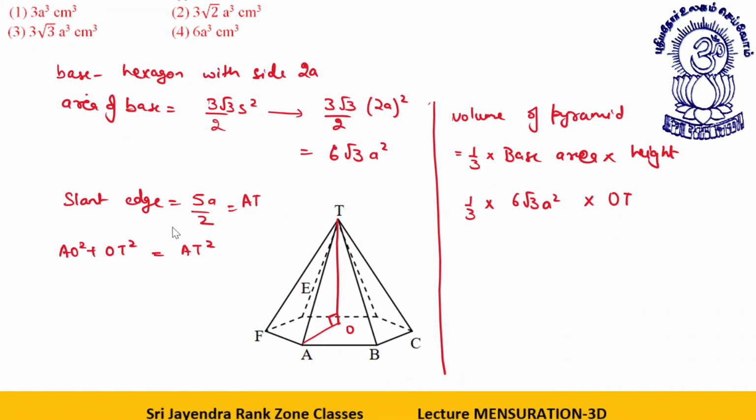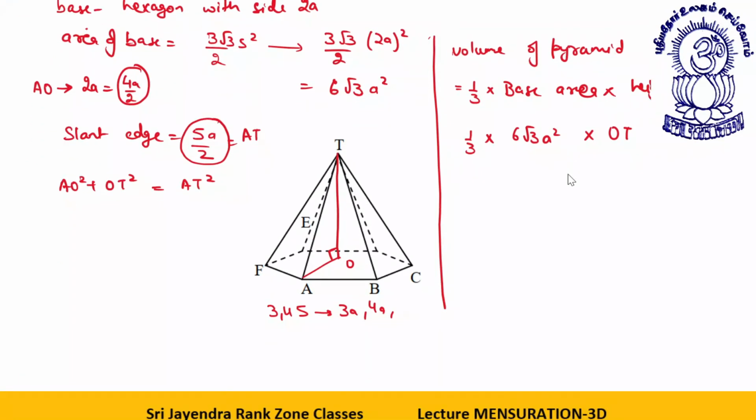One important thing. What is AO? AO is actually 2A, which you can write as 4A by 2. Slant height AT is 5A by 2. I know a Pythagoras triplet is 3, 4, 5 or 3A, 4A, 5A. How is a Pythagoras triplet?